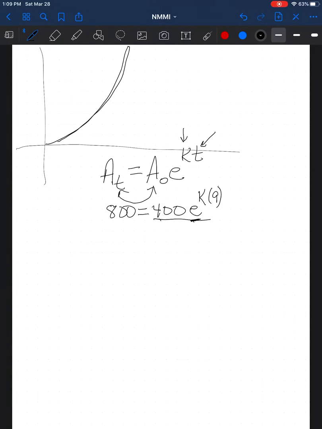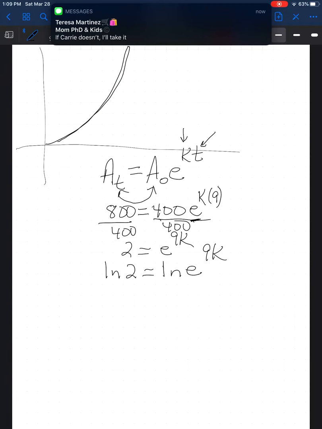First of all, we're going to divide both sides by 400. So we get 2 equals e to the 9k. And hopefully by now you remember that when we have an e in a problem, to undo that e, we take the natural log of both sides. So we have ln of 2 equals ln of e to the 9k.